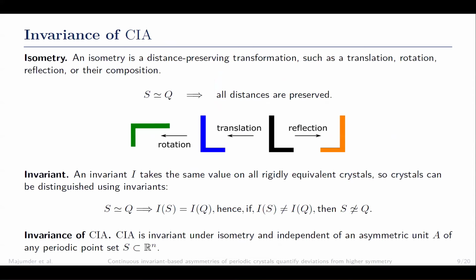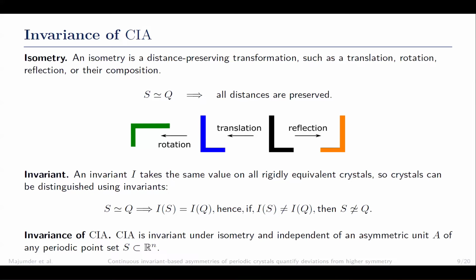An isometry is a distance-preserving transformation, such as translation, rotation, reflection, or their composition. If S and Q are two periodic point sets said to be isometric, it implies that all distances are preserved in these sets. Since crystal structures are determined in rigid forms, they can be efficiently separated into rigid classes by quickly computable invariants, which are numerical properties preserved under rigid motion.